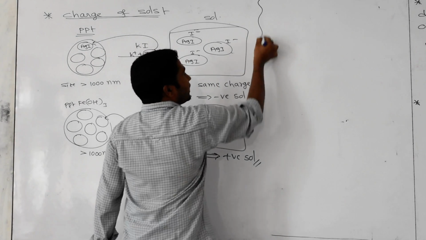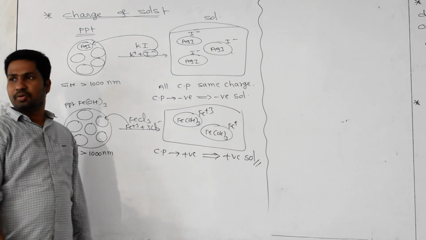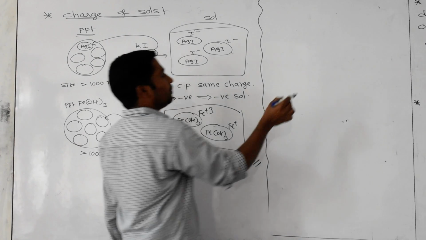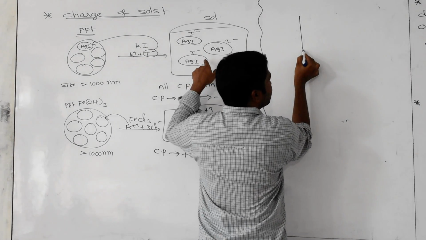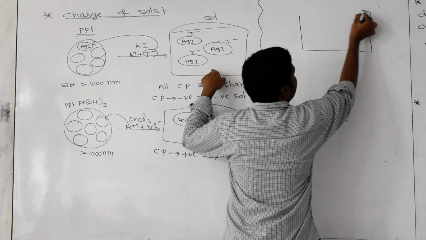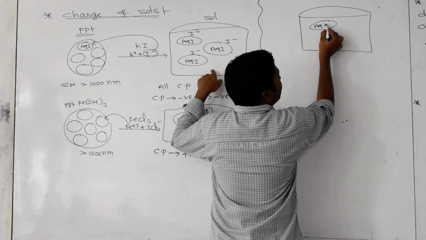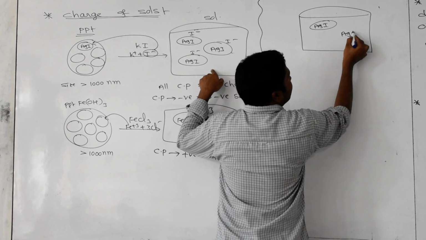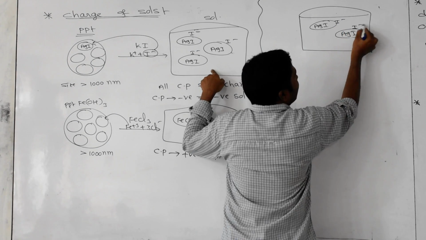Now I will tell you some important information here. See how things go on further. For example, you have a sol. This is the one I am explaining here. See carefully. While preparing, silver iodide particles will be there. On every silver iodide, what is sticking? I minus.